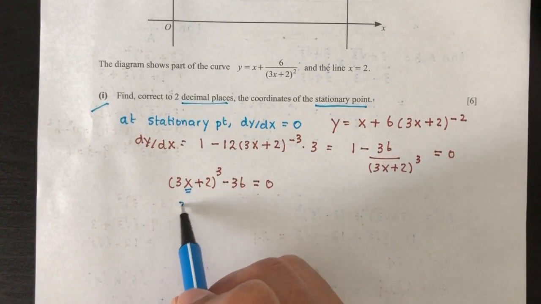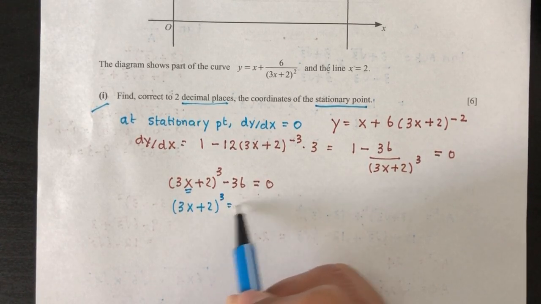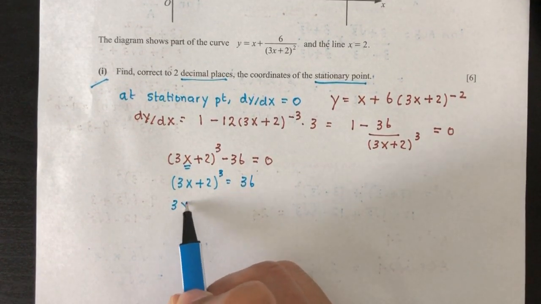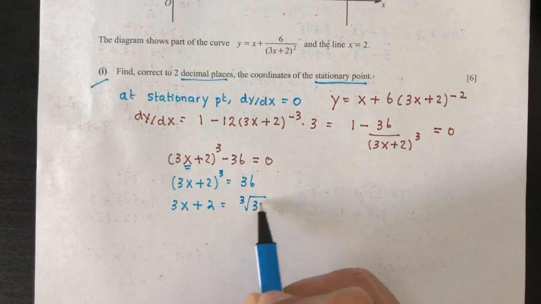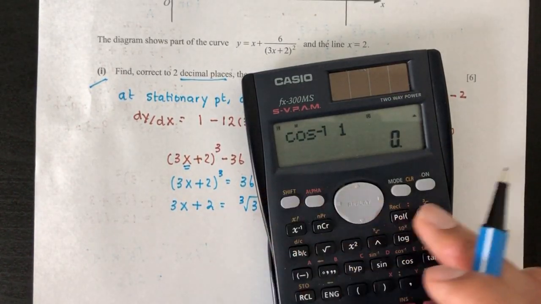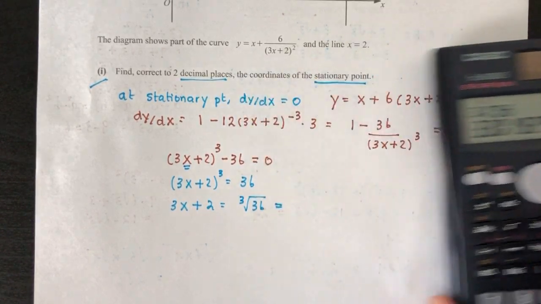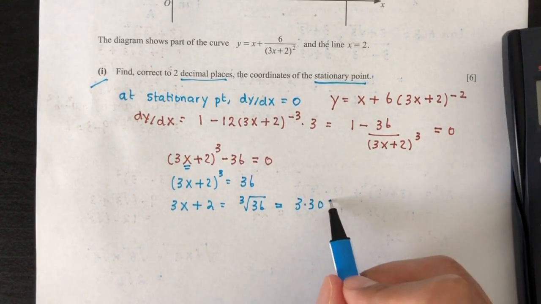Now this will become (3x plus 2) cubed equal to 36, which means 3x plus 2 equal to the cube root of 36, which is equal to what? 3.30. You can write 3.302 if you want to.